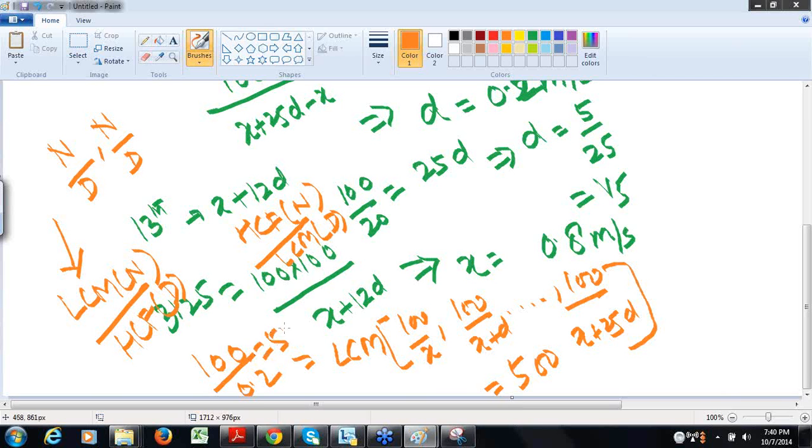So 100 upon 0.2, you can easily calculate it. So it will be 500. That will be the answer. Clear?